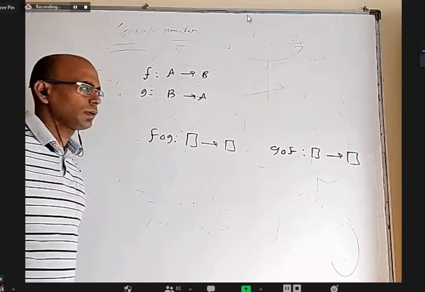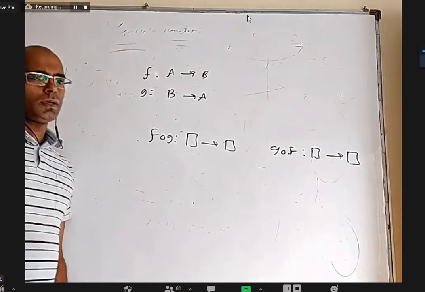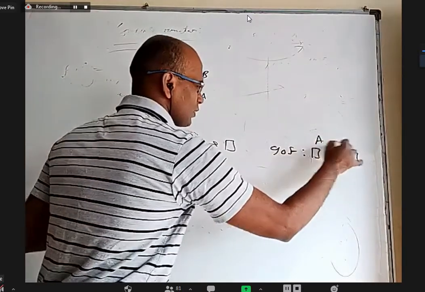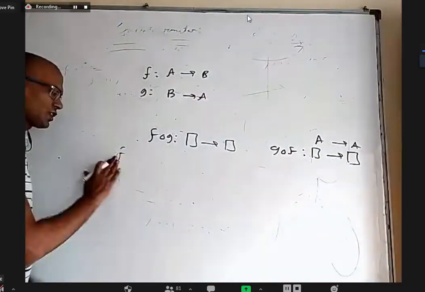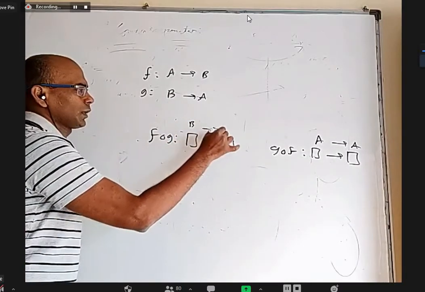Anybody? Sir, G circle F is from A to A. When you want to talk about G circle F, you want to tell from A to A, and F circle G is from B to B.